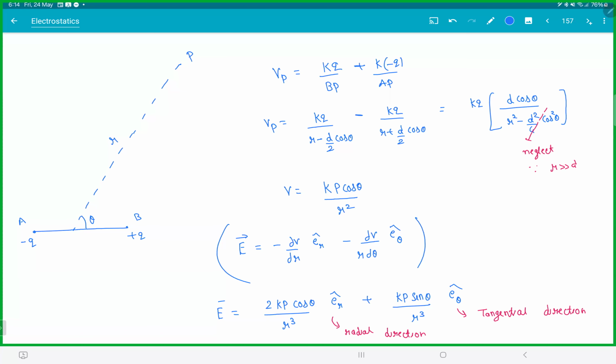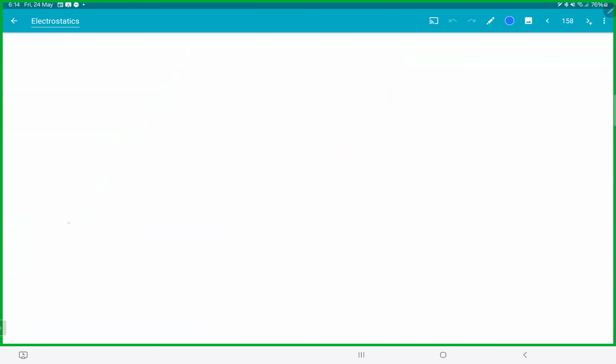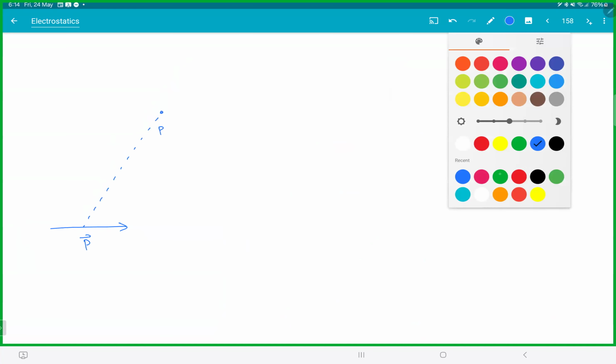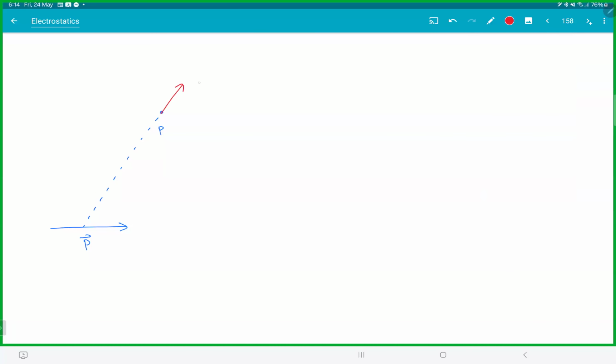So there, the final result, I'll put it down. That's the most important thing. Whenever you have a dipole P bar at a point P, the electric field will be 2 kp cos theta by r cube. This is the radial field away from the center.